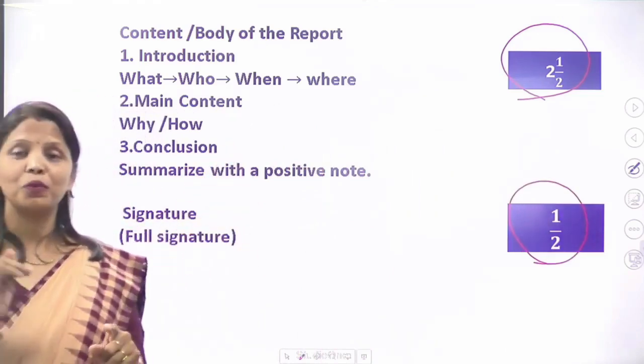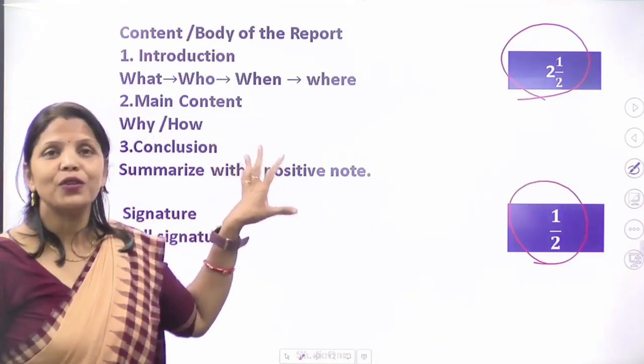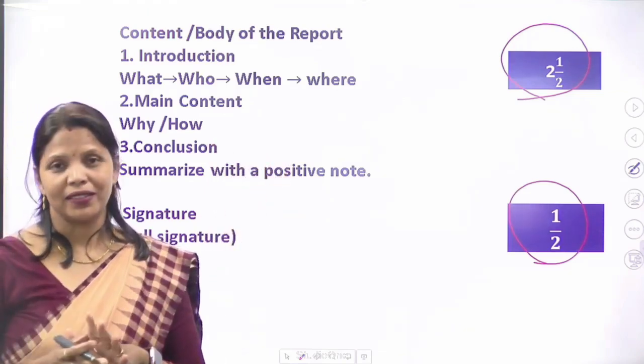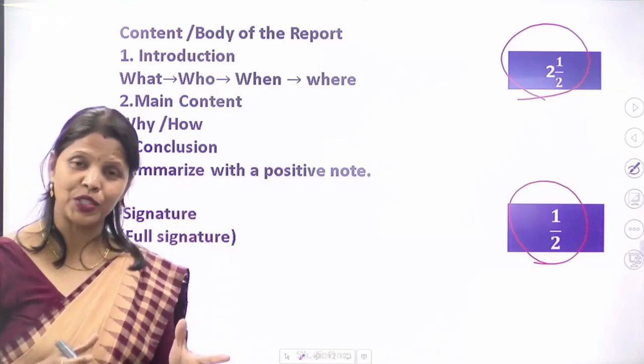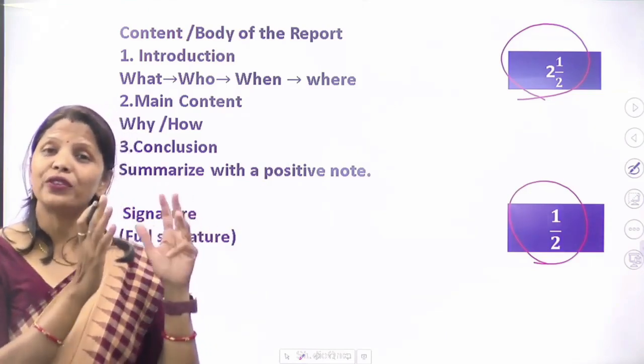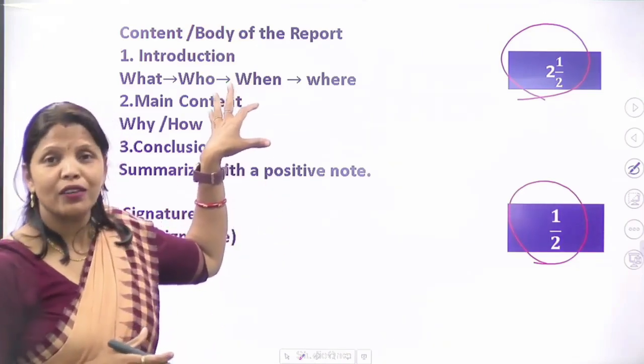And one more thing you have to remember, that without body of the report you will not be assigned a single mark. You wrote the format, the format is completely correct, you filled in everything in the format, but you skipped the body of the report.